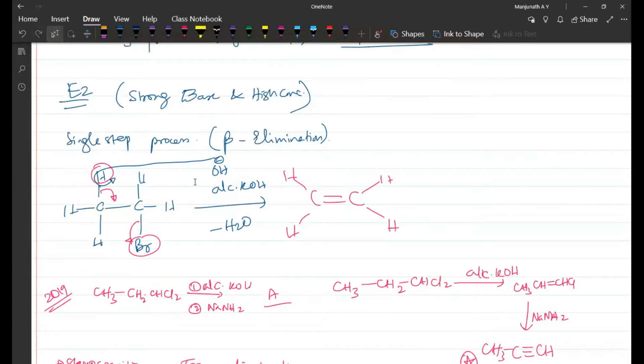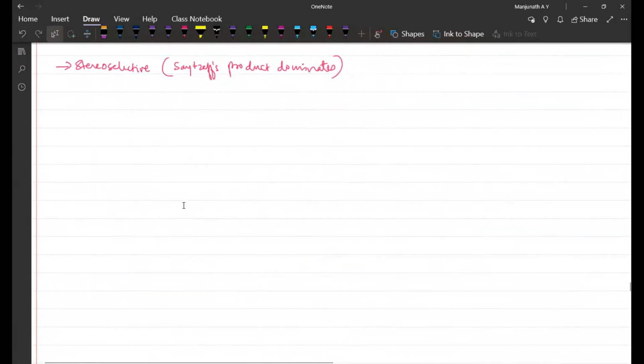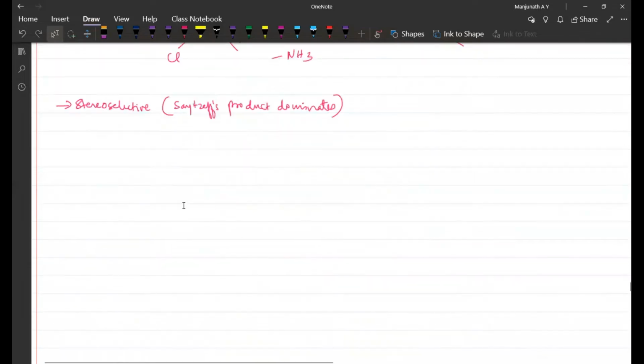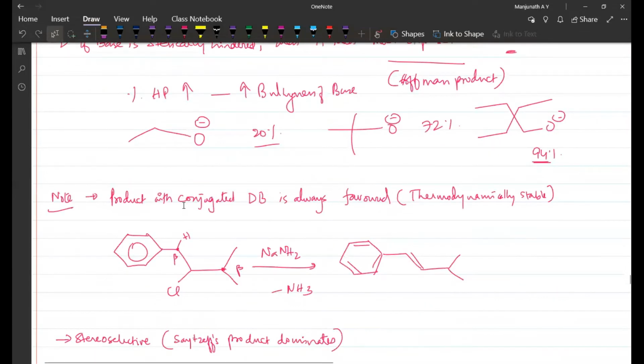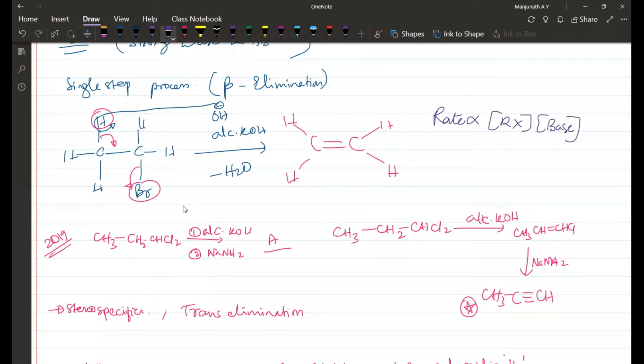And also if there is branching at the alpha carbon. I think we have not discussed these favorable conditions for E2. We will discuss that. In general, this is beta elimination, and it occurs in a single step. Here also rate is proportional to concentration of RX as well as concentration of base. So this is E2.